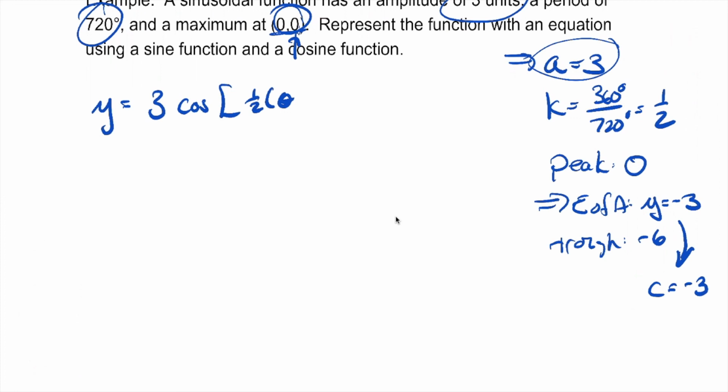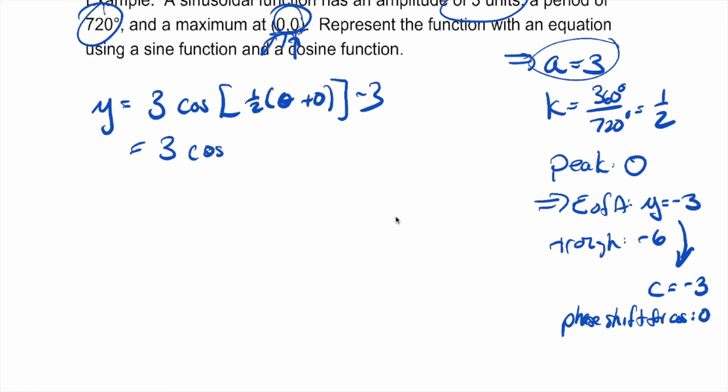There's no phase shift because the x value of my maximum is at 0. So here I can write down the phase shift, and again, this is for cos, this is actually 0. So I need to write 0 for now, and then we determined the equation of axes is minus 3, so we want to clean that up. So really this is the same thing as 3 times the cos of 1/2 theta minus 3.